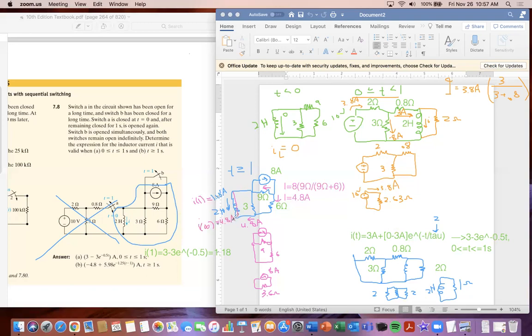And now I'm going to write an equation for current. So I of t is going to equal, and remember this is a 1 second delay, so I'm just going to put an asterisk in here, and the initial value was 1.18. Sorry, the final value. It's final plus initial minus final, e to the negative t over tau. So the final value is 4.8 in the opposite direction of what it had in the diagram.